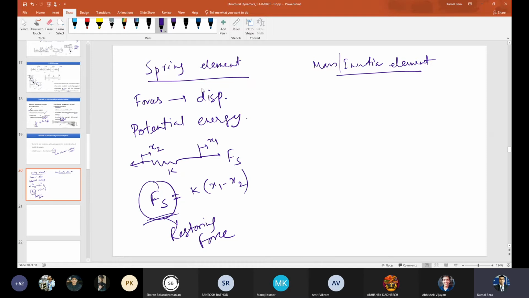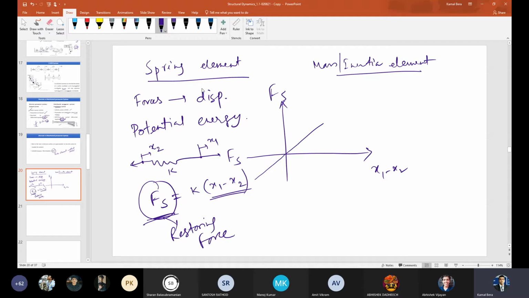Remember it. The spring force is proportional to the relative displacement. I think the figure is in the slide, let me check after some time.